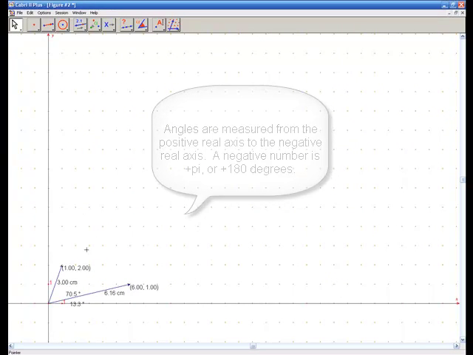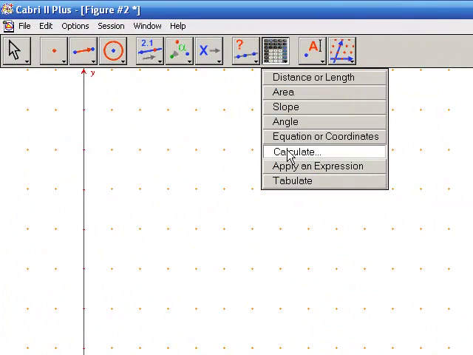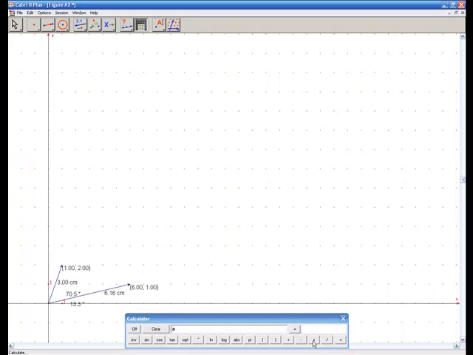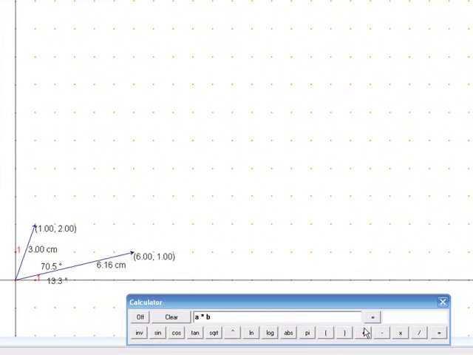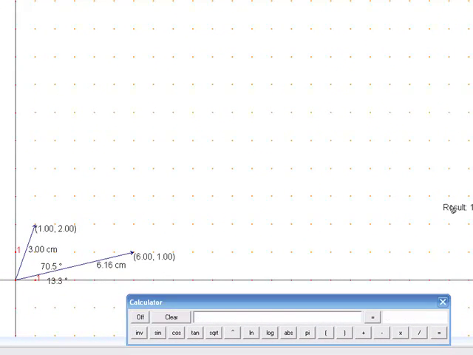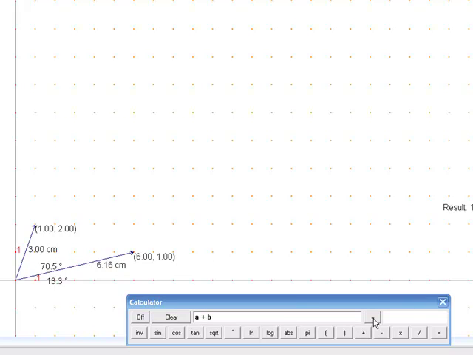Now what we're going to do, of course, is calculate again. Take the first magnitude and multiply it by the second magnitude, or absolute value or modulus in complex number terms. Up here, we're going to take this first angle and add it to the second angle. 70.5.